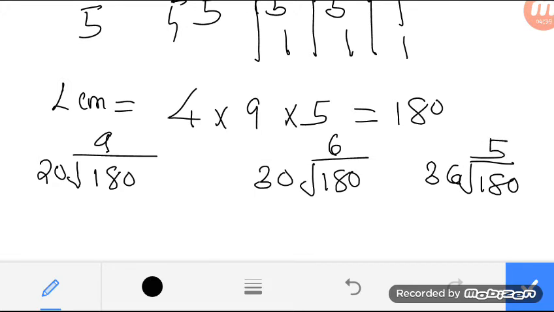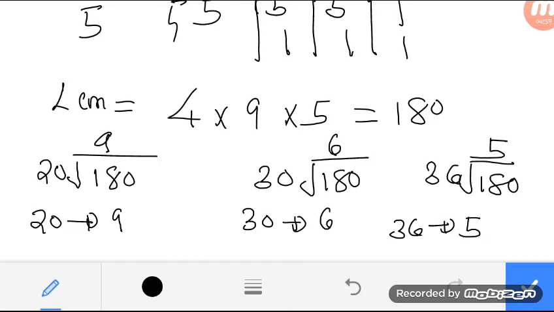So in the group of 20, everyone will get 9 mangoes, in the group of 30 everyone will get 6 mangoes, and in the group of 36 everyone will get 5 mangoes.